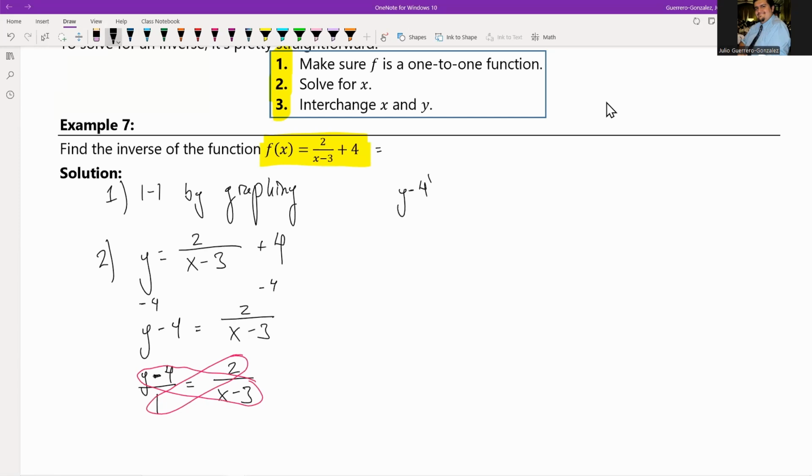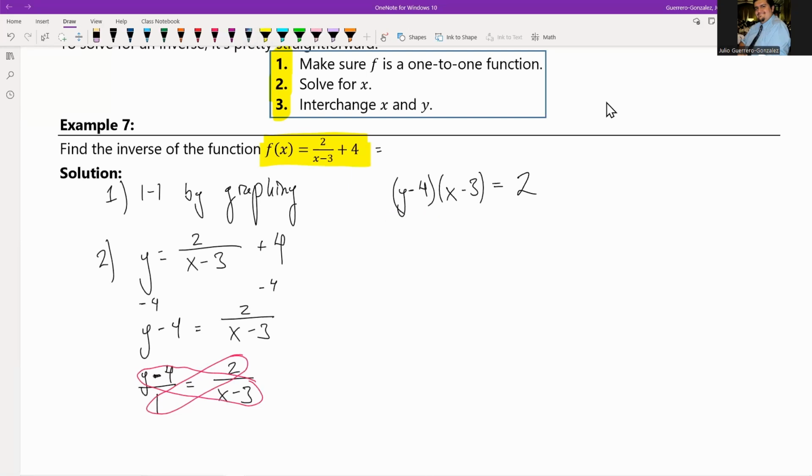y minus 4 times x minus 3 is equal to 1 times 2, that is 2. Okay, now remember, we are looking for x by itself. We need this by itself. So I can go ahead and grab the thing that's to the left of it, all of that, and get rid of it.